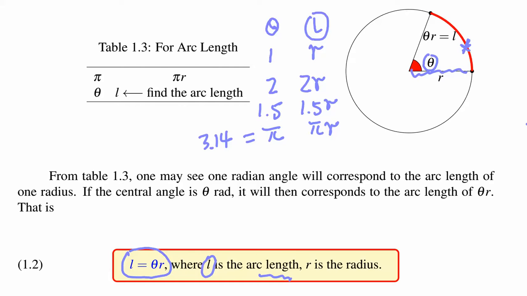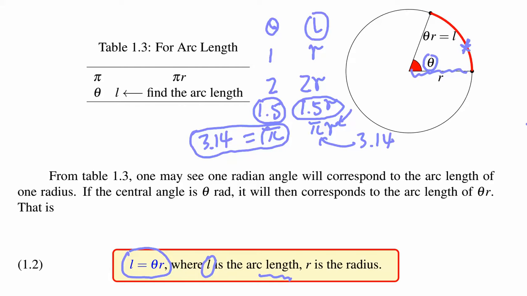So if here is 3.14, then here will be 3.14 times r. Follow the same pattern. Here is 1.5, here will be 1.5 r. So that's why if here is pi, here will be pi r.